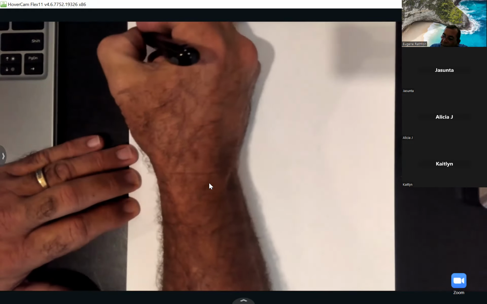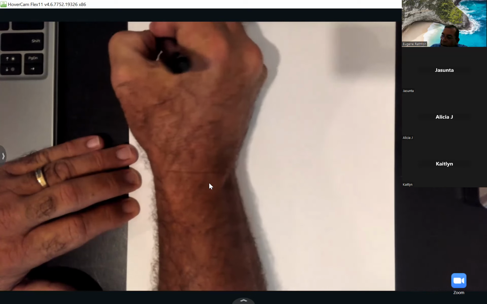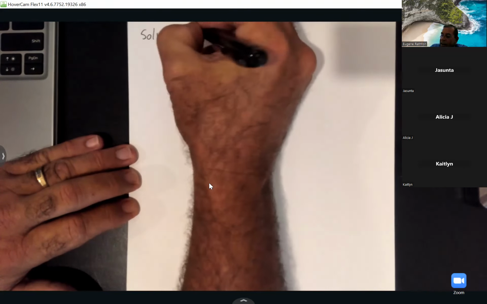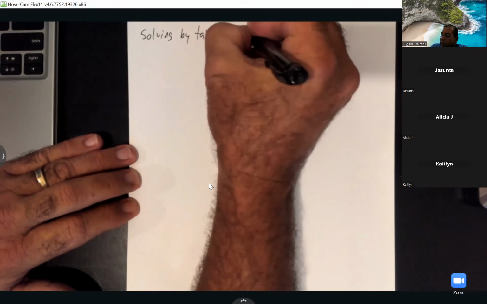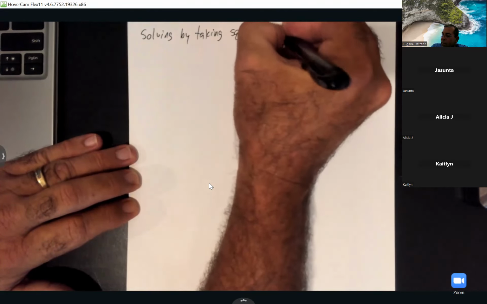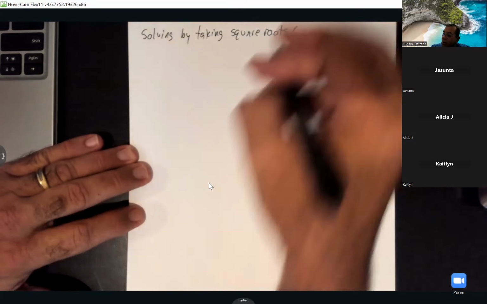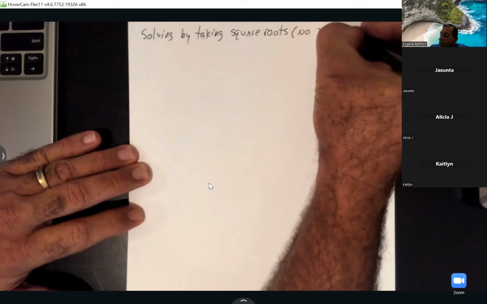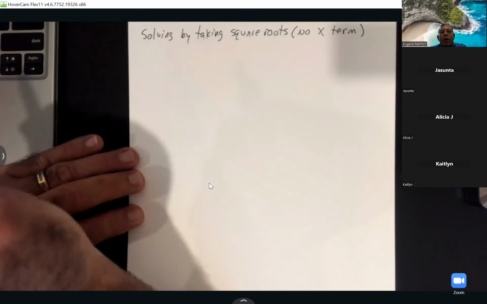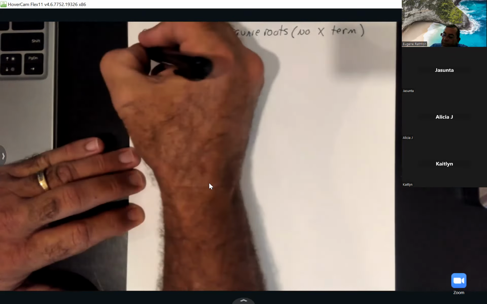So the new stuff is what we call solving by taking square roots. And remember, to do this, they will have no x term in the middle. You'll just have an x squared term and a number.